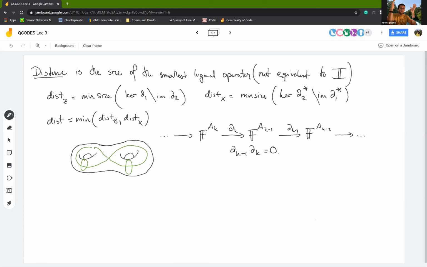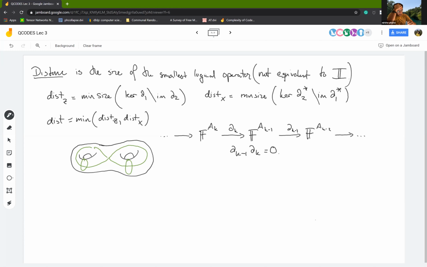The Boolean hypercube is well-defined: I start with my vertices, I define my edges, I define my faces, my volumes, my 4D volumes, et cetera. I just keep going up and up. And instead of looking at the code constructed by the boundary maps delta_1, delta_2, I look at delta_{K-1}, delta_K. And that has been analyzed also.